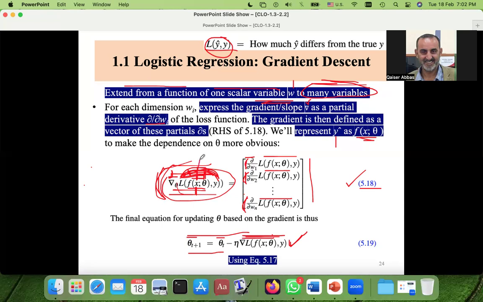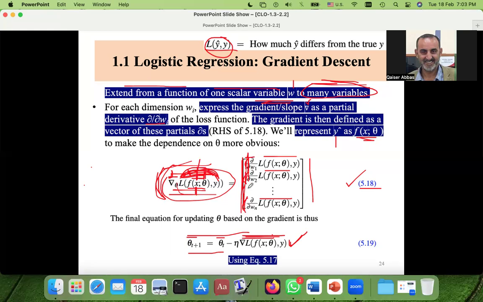This x is one input. You can say it is x1. And this is only the weights. Because if you have n features, then you will have n weights. This equation is being tried only on the weights.